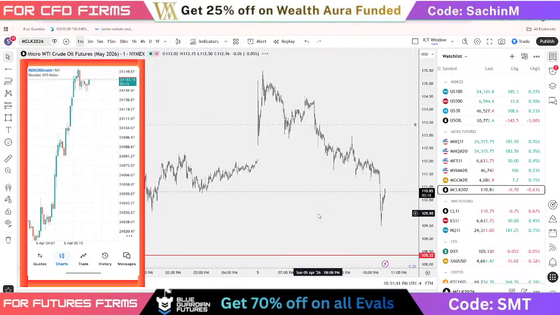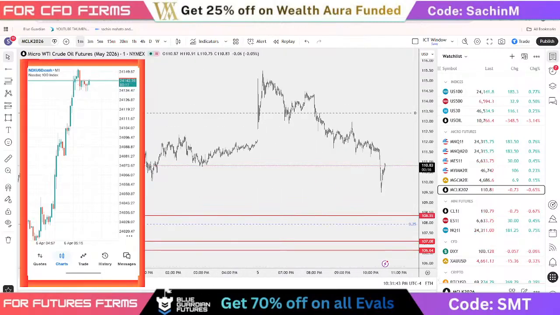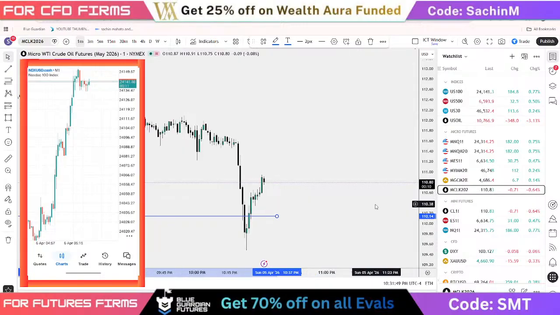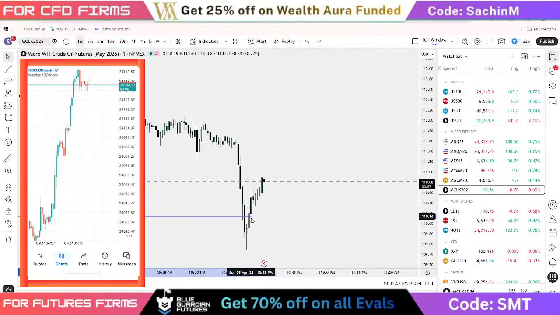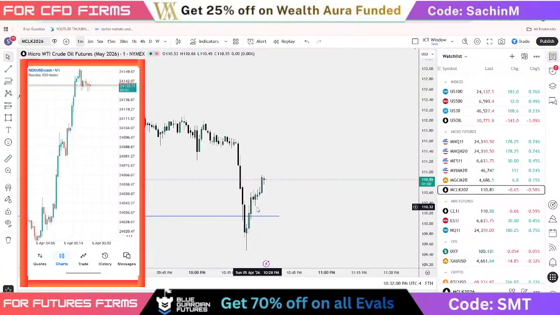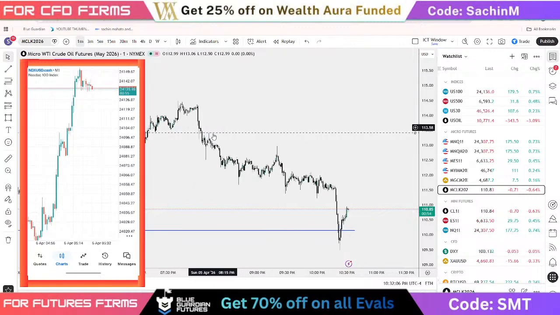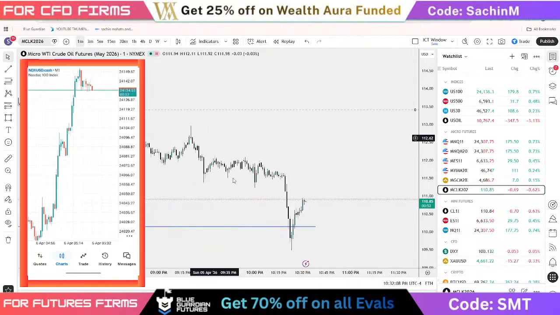Let's look at this one, if we can have any entry. There is no entry here as well, but this model looks like the Venom model, where we enter somewhere here, stop loss will be here, and target is the high of the day. That's what it looks like, but it has wicks, which is kind of confusing.